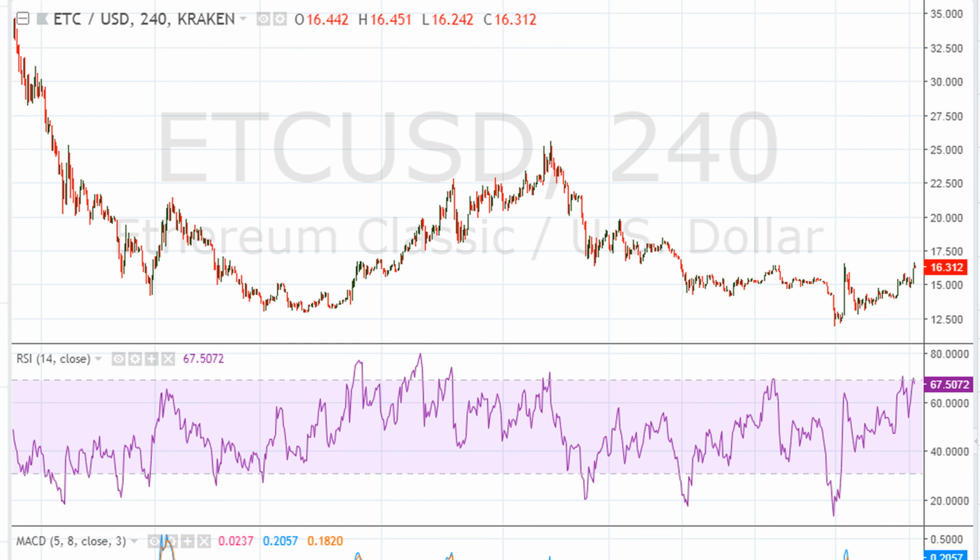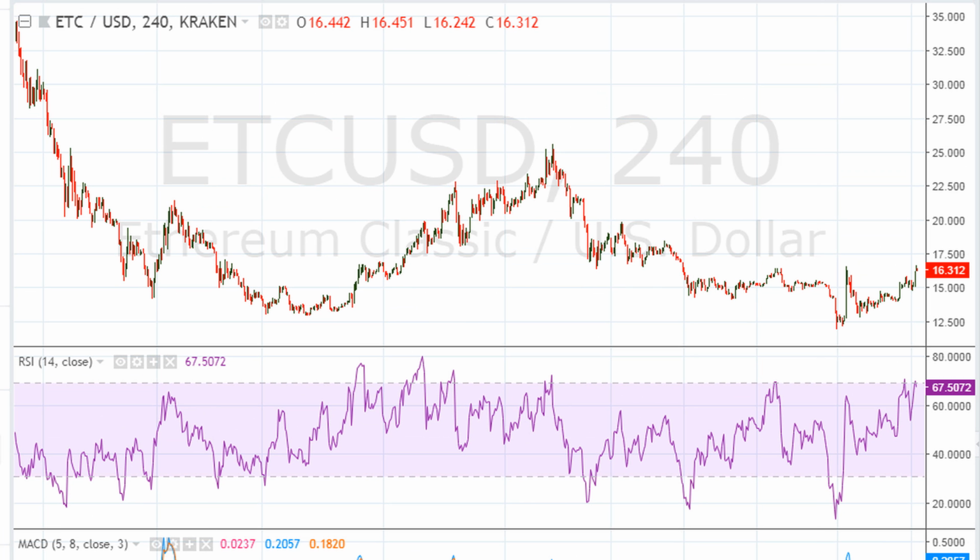So what we can do also is connect this line to the lows here, here, here, this double bottom, and you see that there's a break.